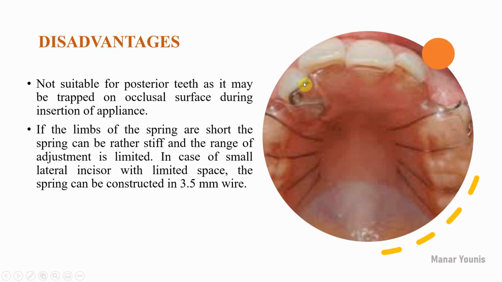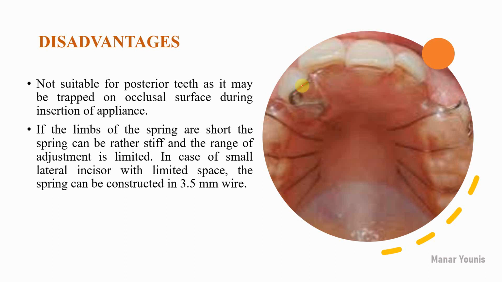The disadvantages: it's not suitable for posterior teeth because it can be trapped. If after activation, it can be trapped on the occlusal surface during insertion of the appliance. Also, the limbs of the spring need to be long enough. So in case of a small lateral incisor or limited space in the arch in the area of the lateral incisor, the spring may have too short limbs.